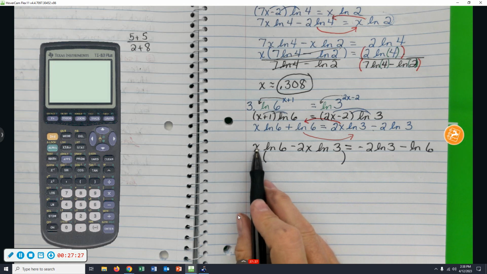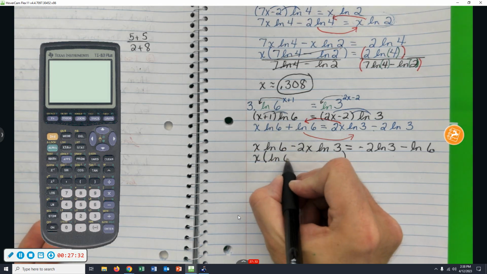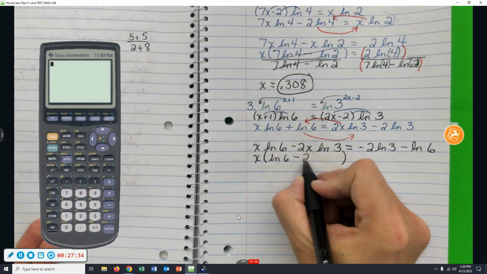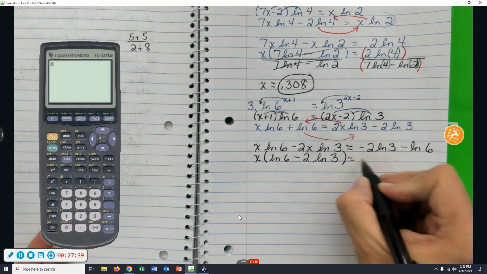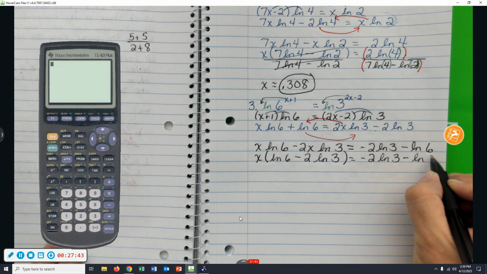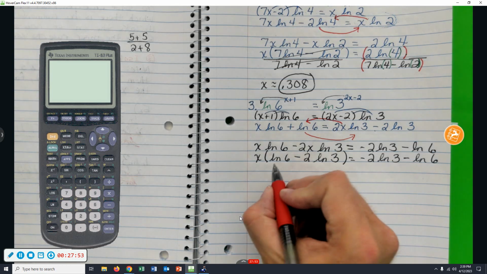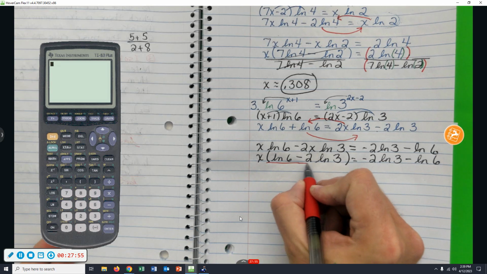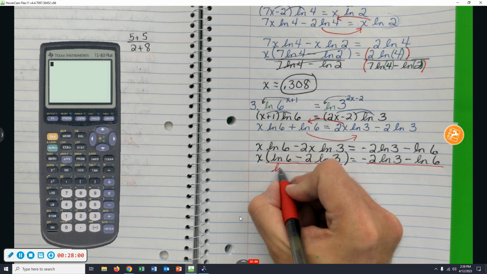If I just factor the x from each of these terms, I'd have an ln 6, then a minus 2 ln 3, and divide both sides by ln 6 minus 2 ln 3.